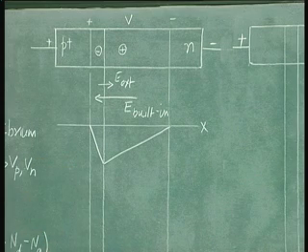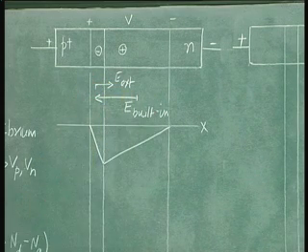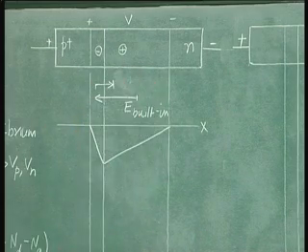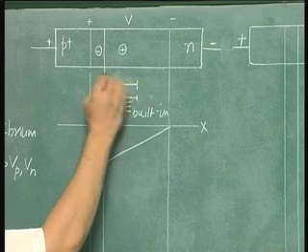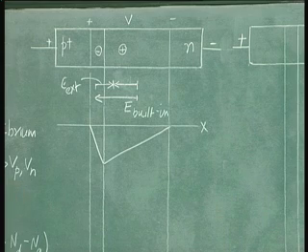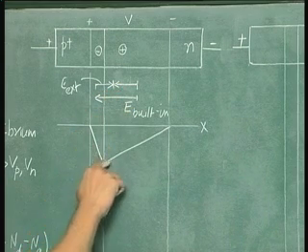So if this is the built-in electric field and this is the external electric field, then this is the electric field under applied bias within the space charge layer. In other words, the electric field has reduced everywhere.